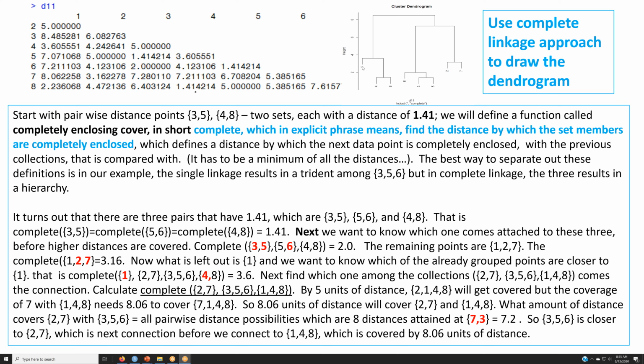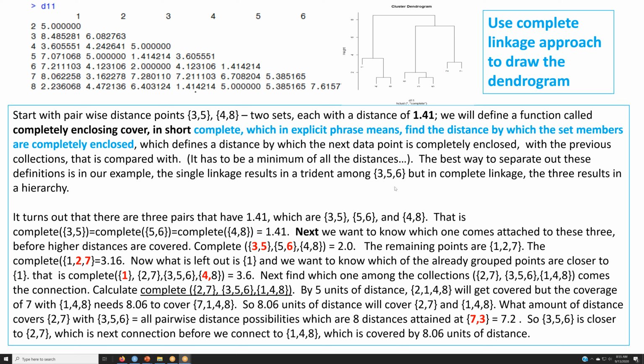These two are getting connected to 1, and this collection is getting connected to this group when we find around 7.28. And all these groups are getting connected to this group at 8.48.